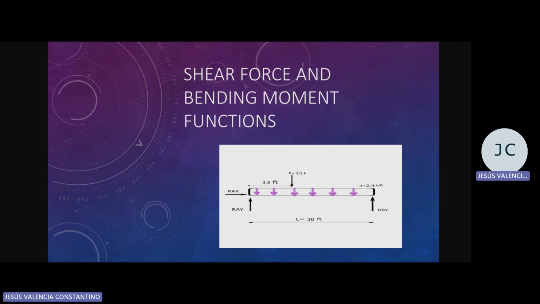A distributed load of 2.4 kilos per foot across the entire beam and an upward component RBY. The first step to solve this beam is to draw the corresponding free body diagram.